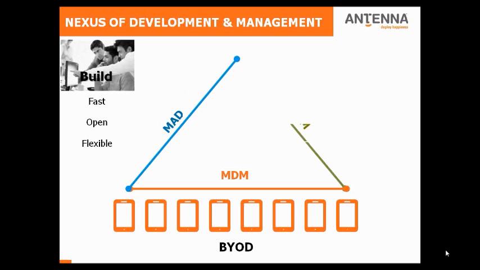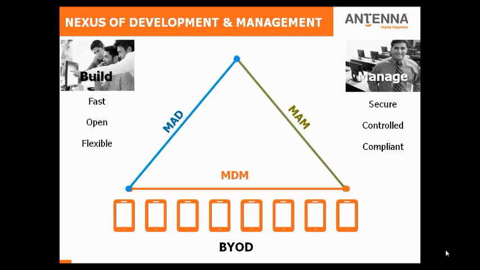When you look at this ecosystem, what Chrome is trying to address is that nexus of development and management, where application development and application management are converging at this container. And it's all being accelerated.